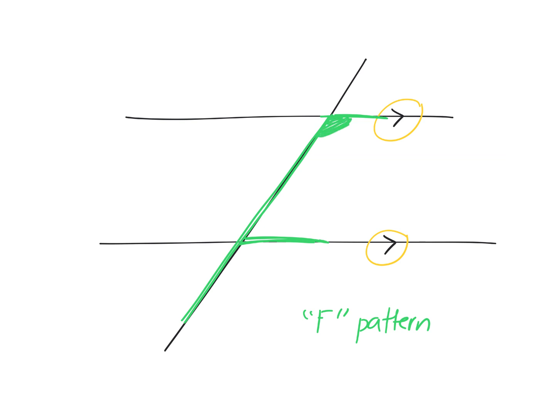So this angle is below the parallel line, which means that this angle corresponds to that angle because it's also below the parallel line. Any two angles that correspond and form an F pattern will always be what? Equal. Write that down.